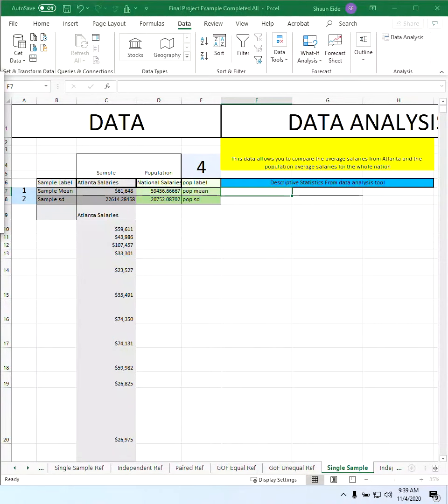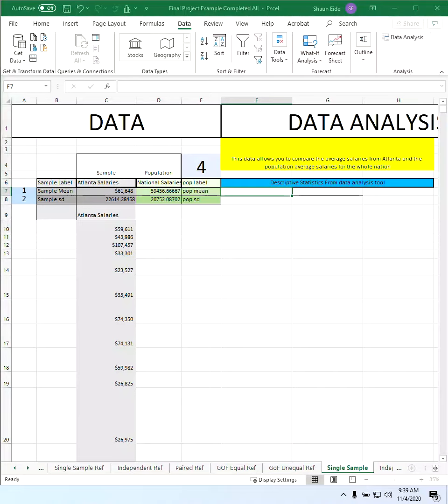So just basically do whatever alpha you have, do the confidence interval that corresponds with that alpha. So we've got a 90, we've got a 5, we've got an alpha of 0.05, so I'm going to do a confidence level of 95.